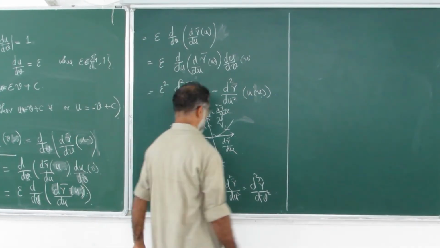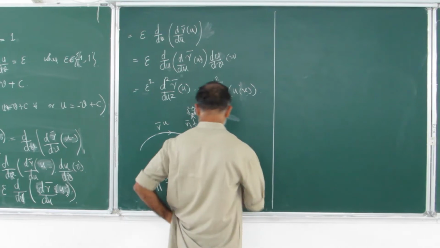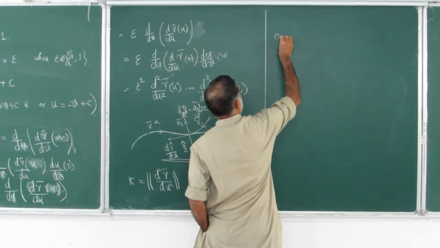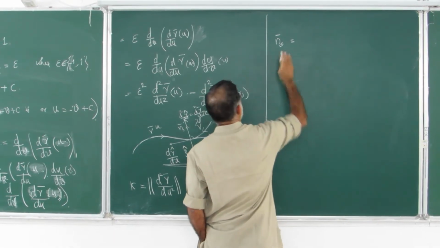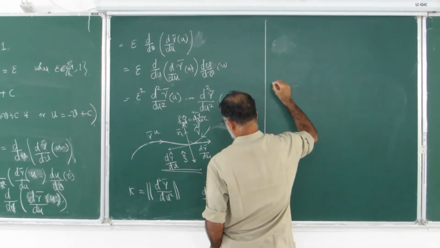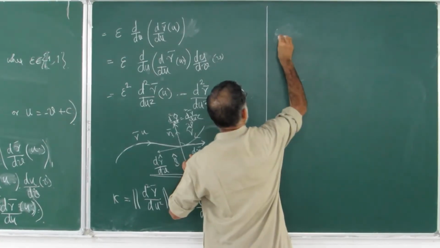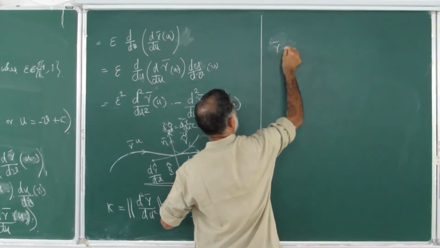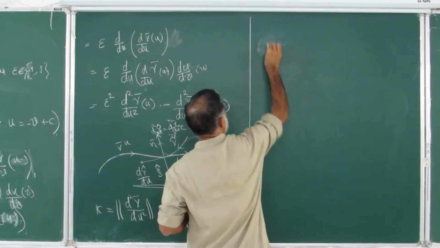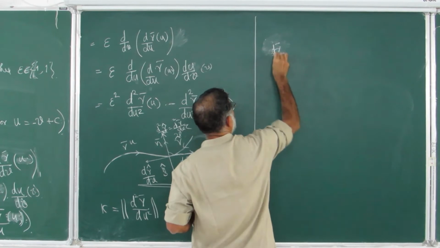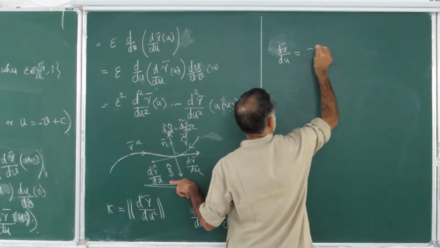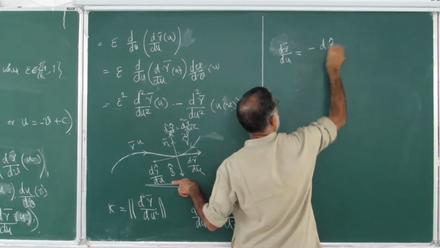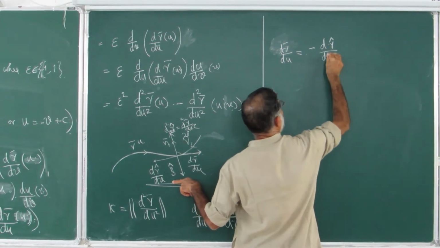Because I can rewrite this, you will see here ns bar is going to be... first you should understand that d gamma bar by du is going to be minus of d gamma cap by dv.